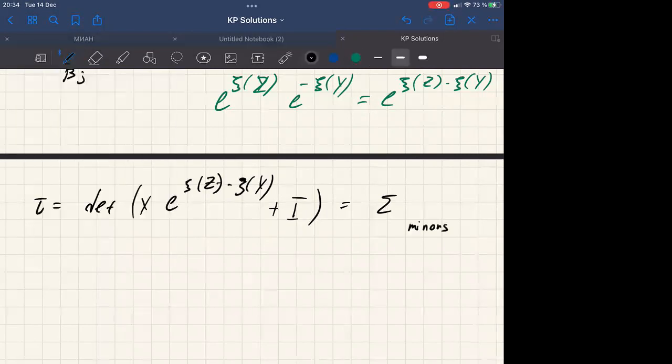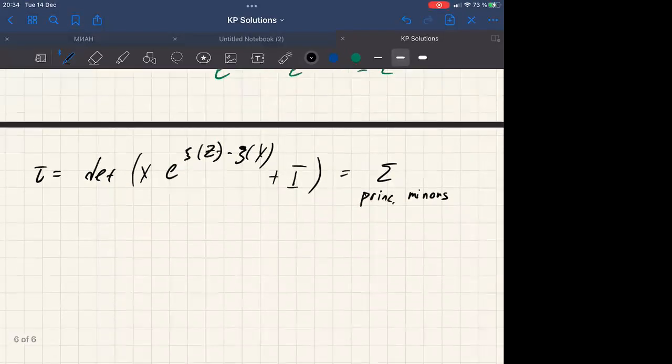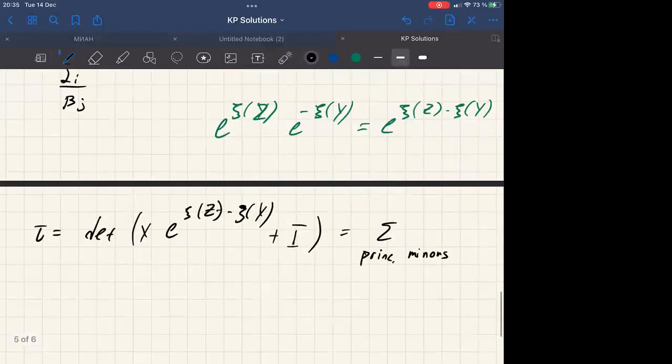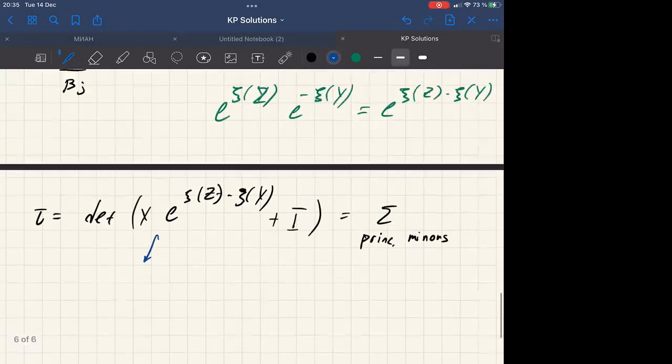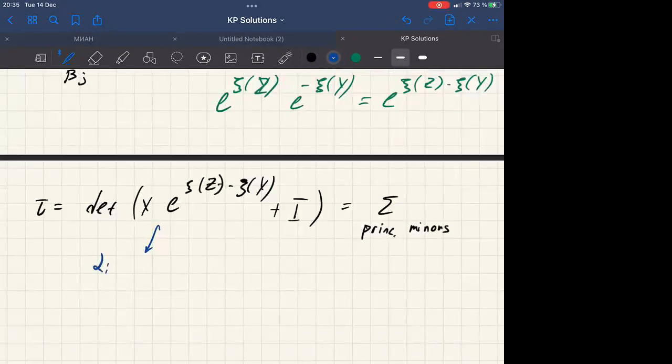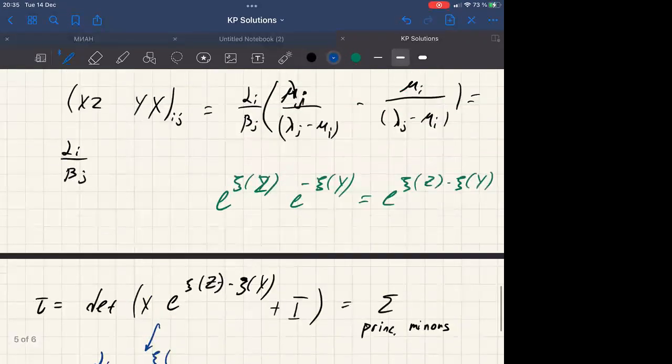Principal minors of these matrices, but this is a Cauchy matrix, so these matrices are just part of that here, P, I guess.